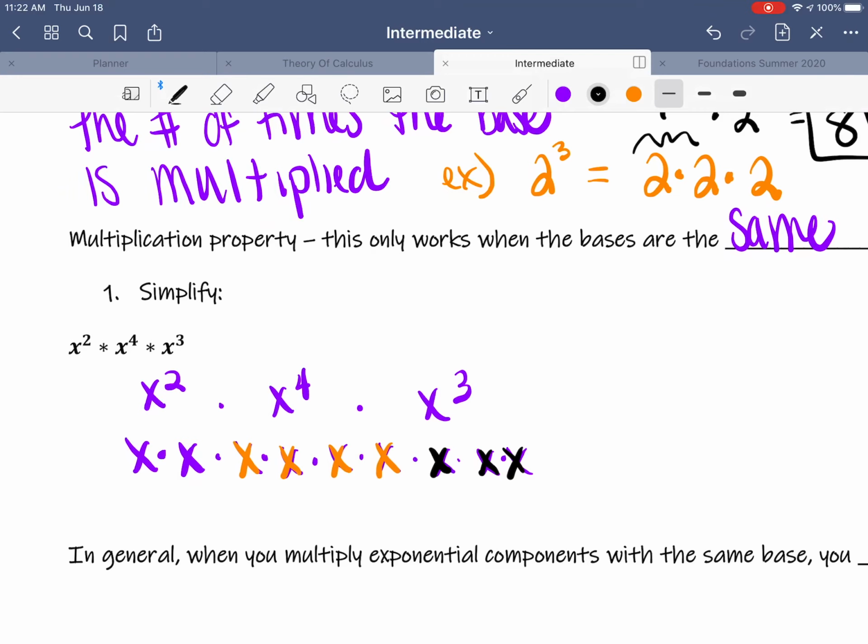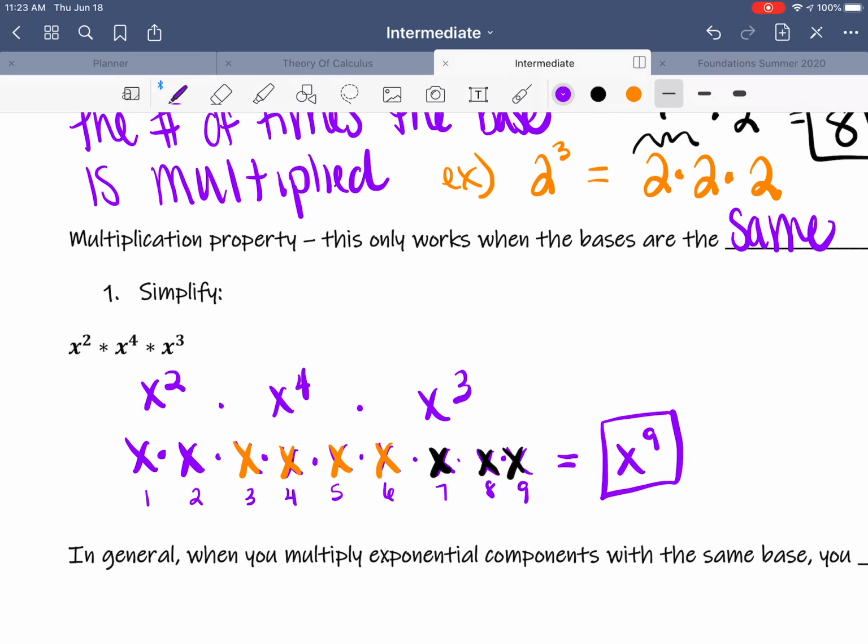So if I collapse using the definition of an exponent, I now have 1, 2, 3, 4, 5, 6, 7, 8, 9 x's being multiplied.